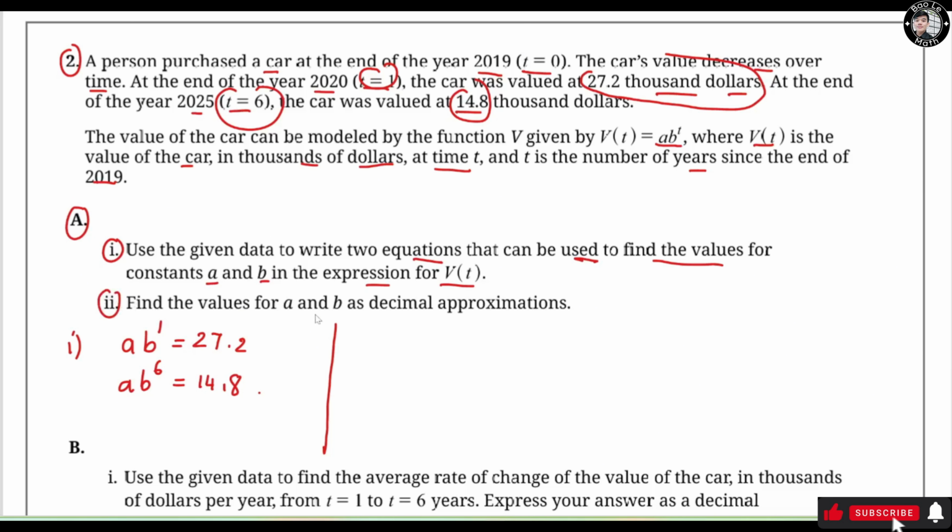Now, question 2i. Find the values for a and b as decimal approximations. In order to solve for a and b, I'm going to take the first equation divided by the second equation. So I have a b divided by a b to the 6 equals 27.2 divided by 14.8.